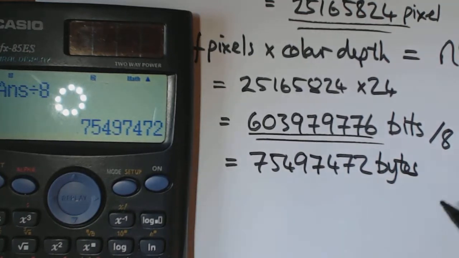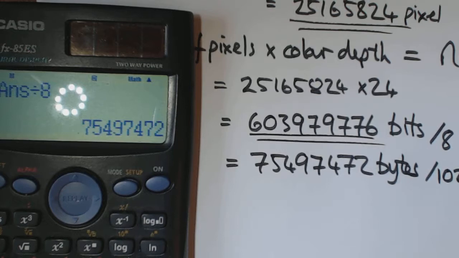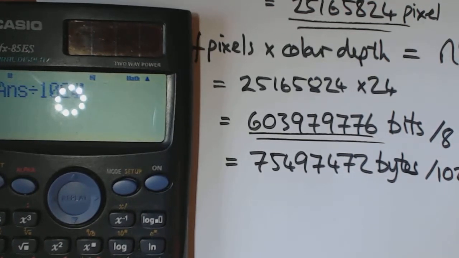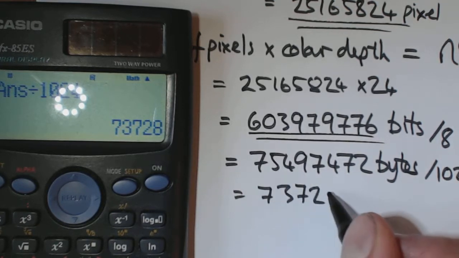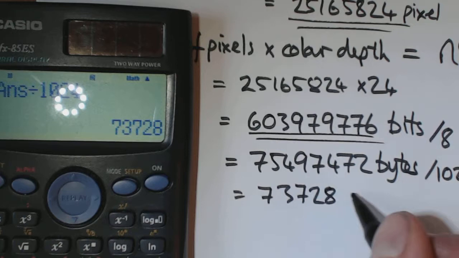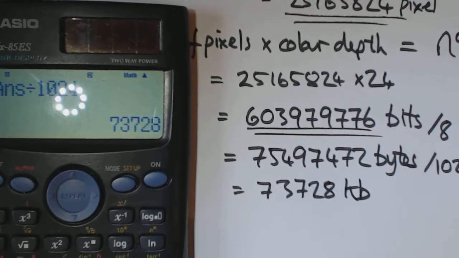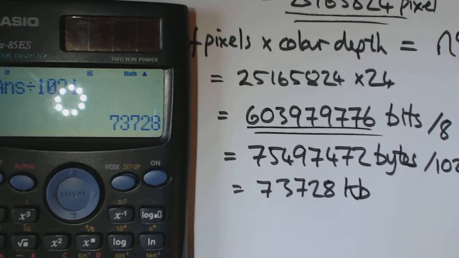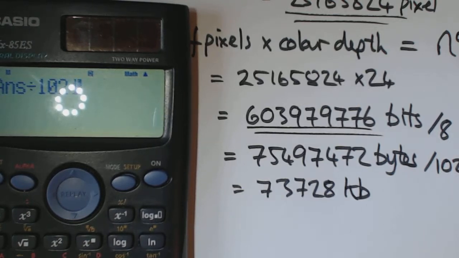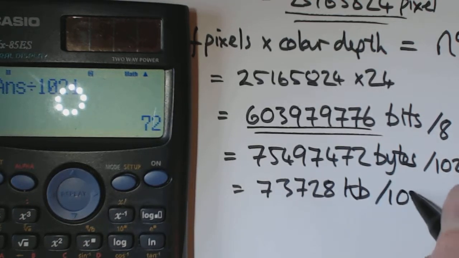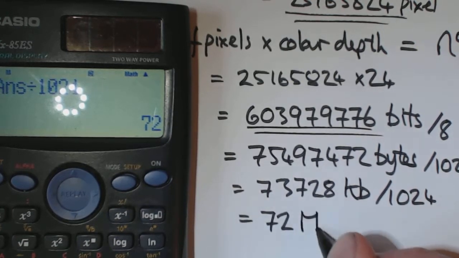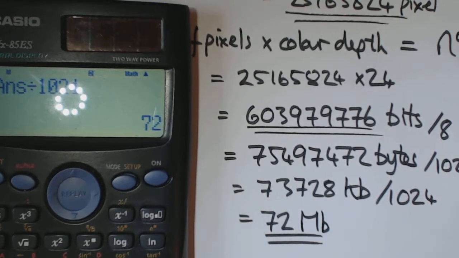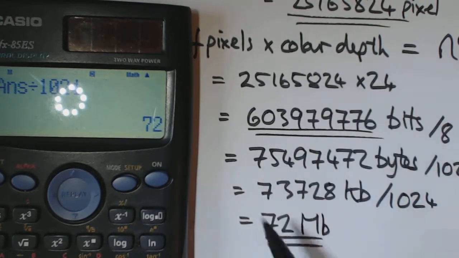Now to get from bytes to kilobytes, we divide by 1024, and that gives you it in kilobytes. The number's still a bit too big, so we divide by 1024 again, and this gives you the size of the image is 72 megabytes. That alone would get you your 3 marks.